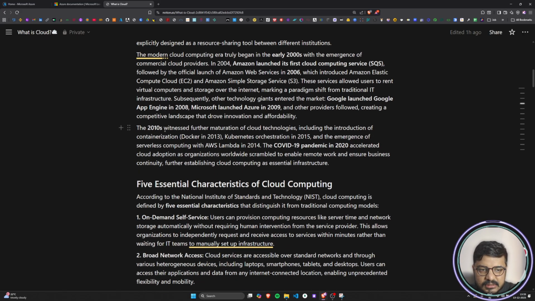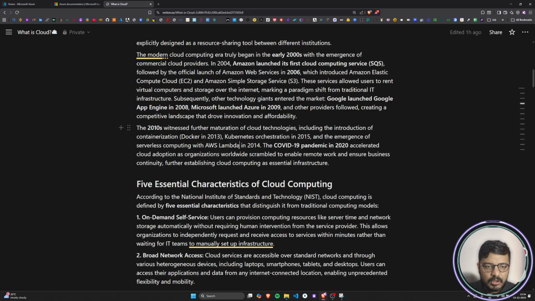The 2010s witnessed further maturation of cloud technologies, including the introduction of containerization, Docker in 2013, Kubernetes orchestration in 2015, and the emergence of serverless computing with AWS Lambda in 2014. So as time grew, multiple new technologies came into the picture, such as containerization.